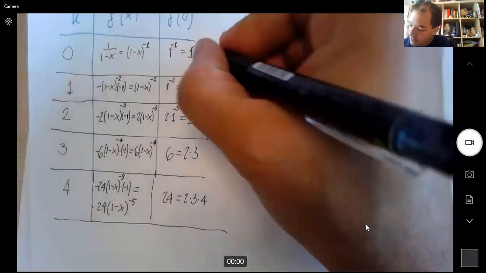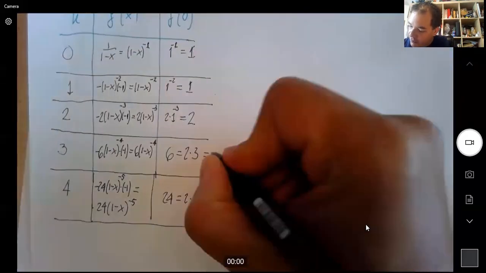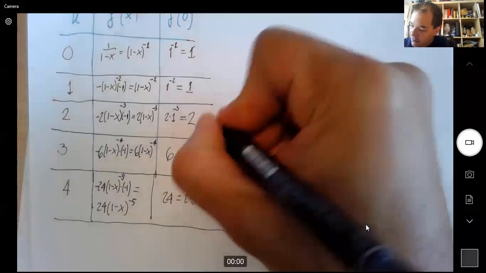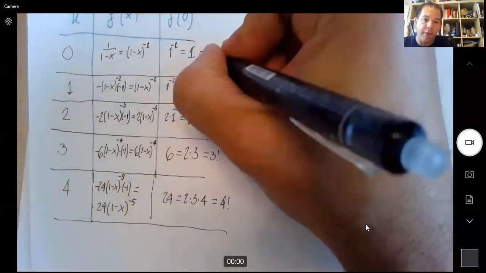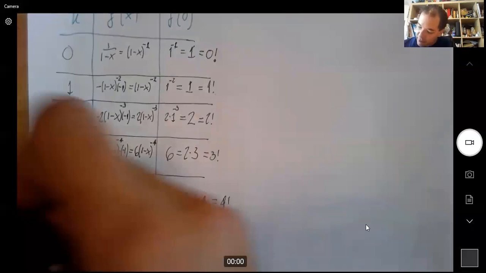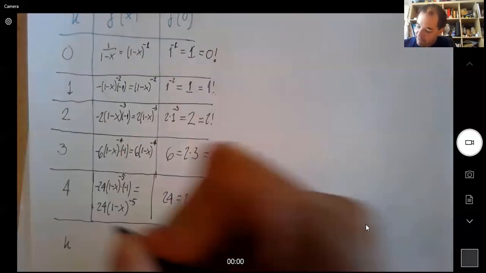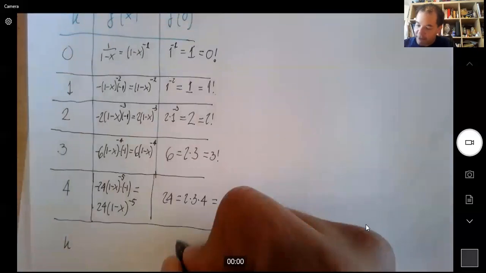So this is actually 4 factorial, this is 3 factorial, 2 factorial, 1 factorial, and this we can think of as 0 factorial. Remember that we said 0 factorial is 1, so it makes sense. So in general, when we go all the way to k, we're going to get k factorial.